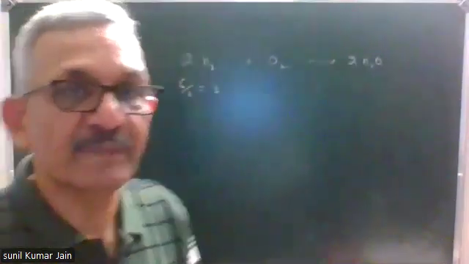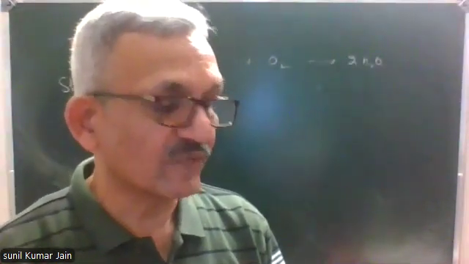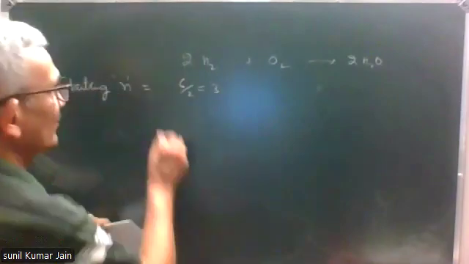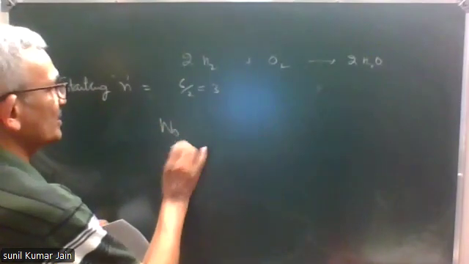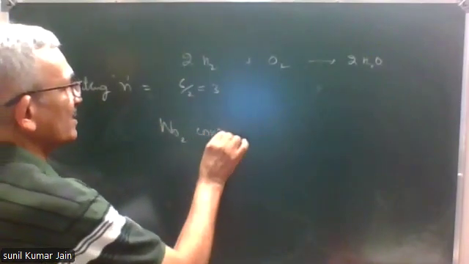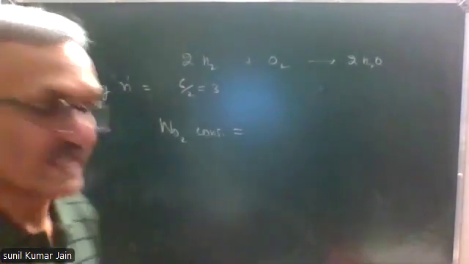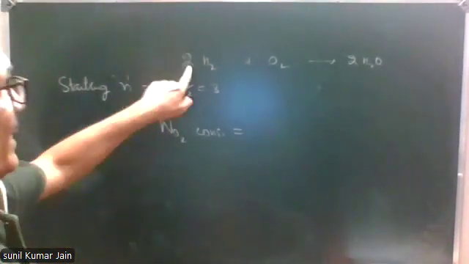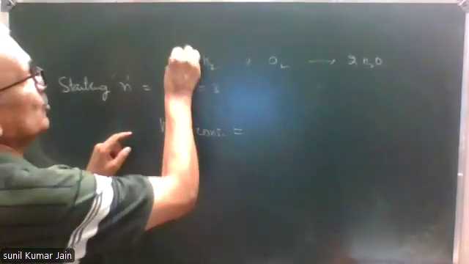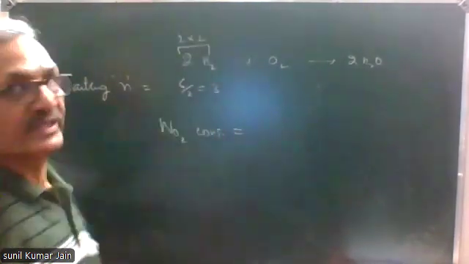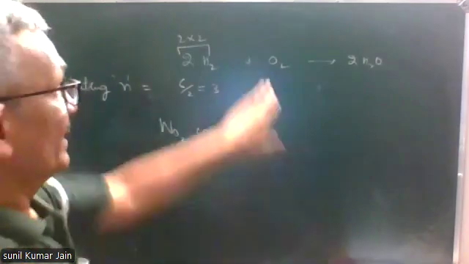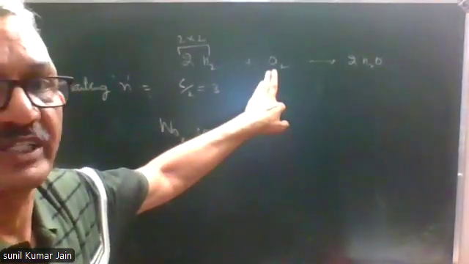Now question is A part. Calculate weight of oxygen consumed. See, how do we solve? This is 2 into molecular weight, 4 grams. And this is 1 into molecular weight, 32.